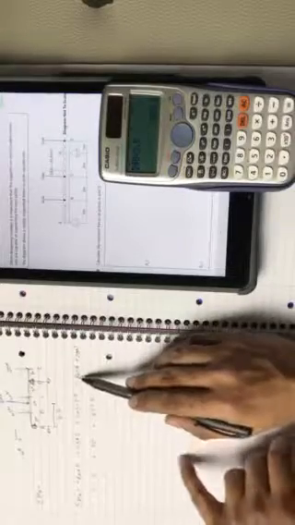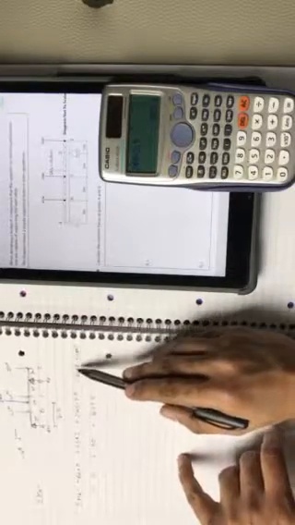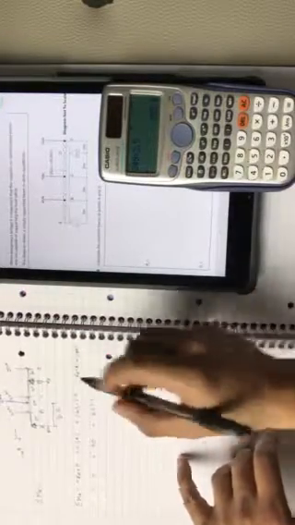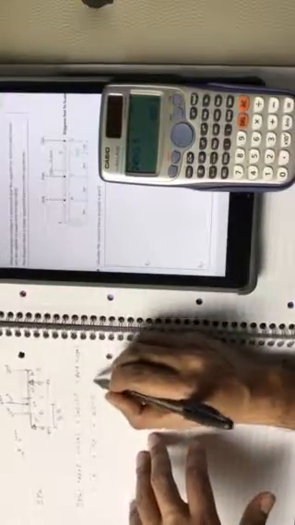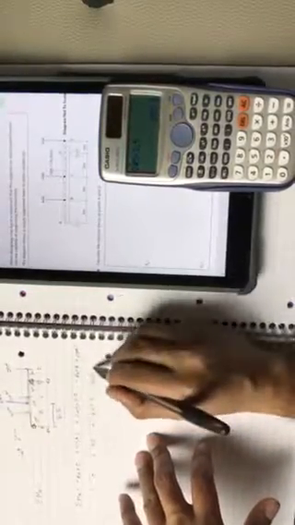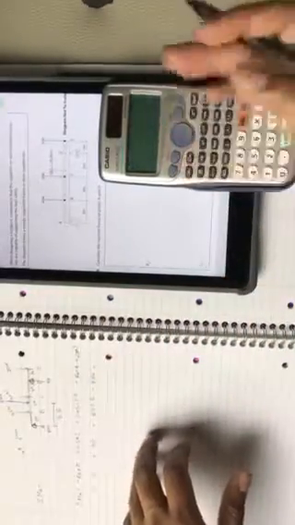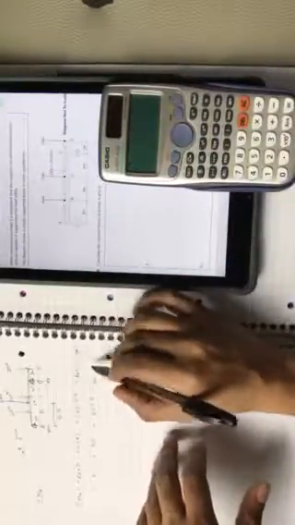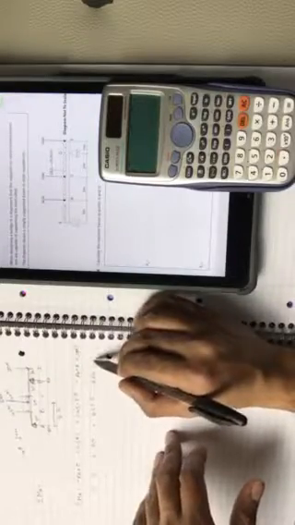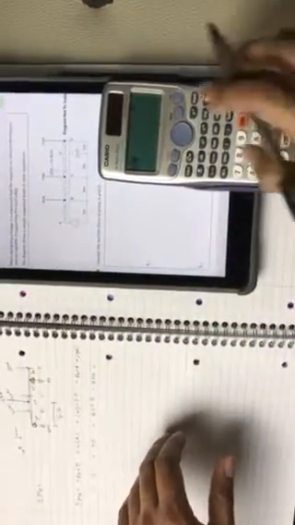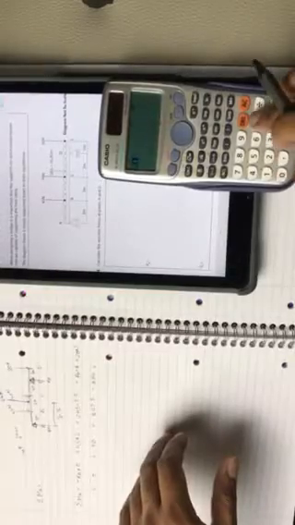Whenever you have an unknown or a variable times a constant, you always write the constant first. So 6 Rd, plus 20 times 7, which is 140, but still I'm going to calculate it just to be sure.